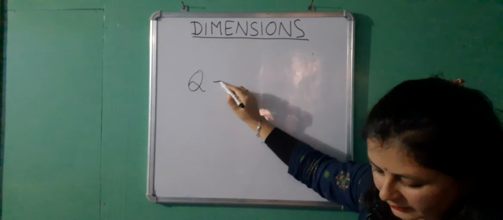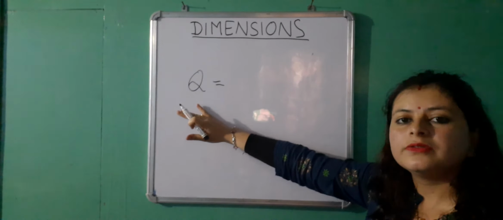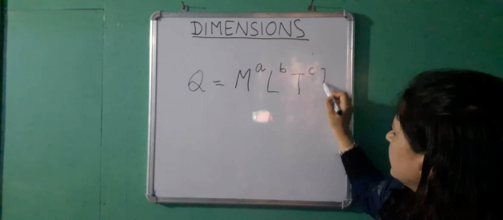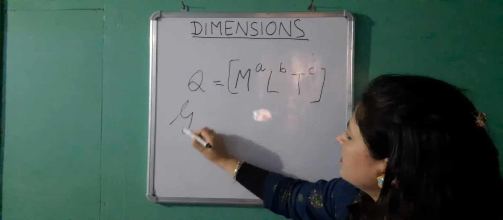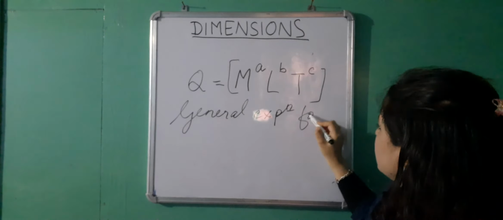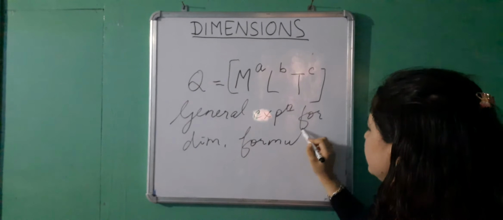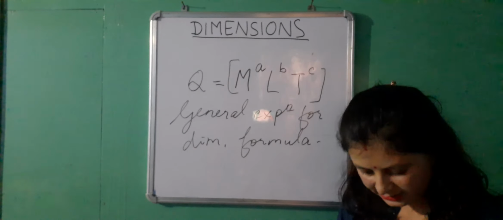So if Q is the unit of a derived quantity, in general, Q is any physical quantity's unit, whose representation is like this: M raised to the power a, which can be 0, 1, 2, 3, 4, anything, L raised to another power b, T raised to another power c. This is the general expression for the dimensional formula for any derived physical quantity's unit.